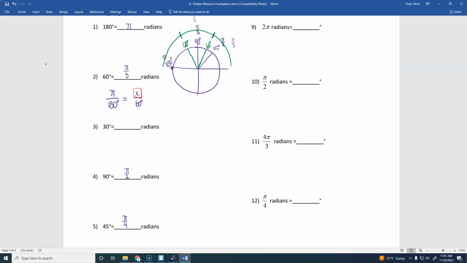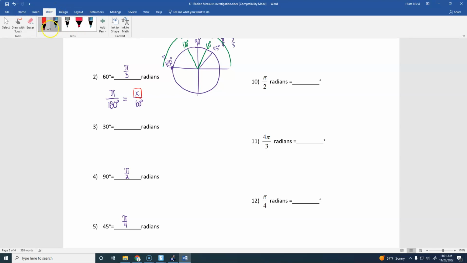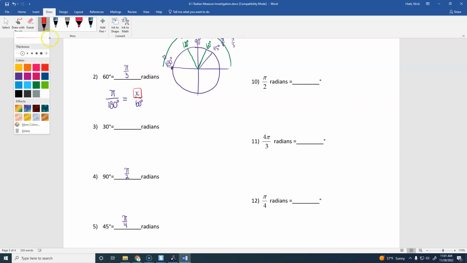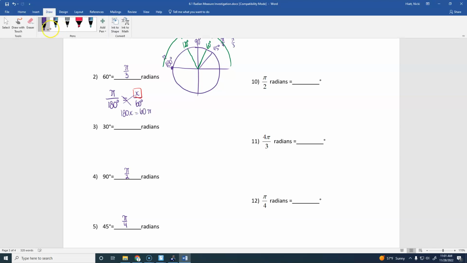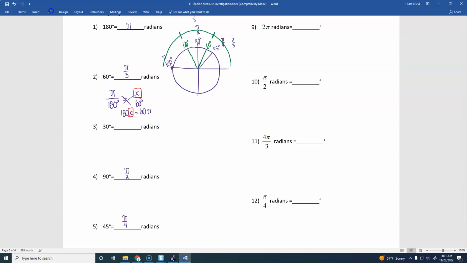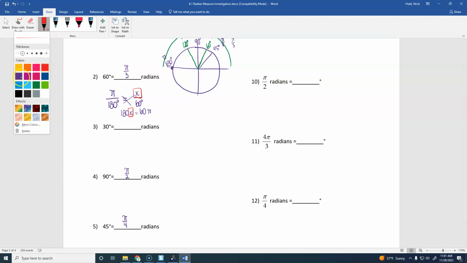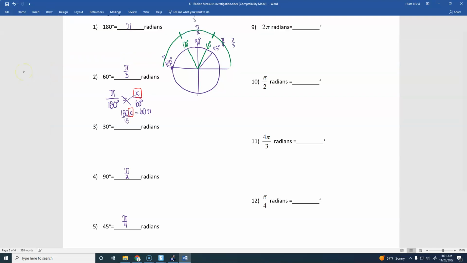If I cross multiply here, you would have 180 times x equals 60 pi. And you're trying to find that x right there. To do that, you would end up dividing by 180.